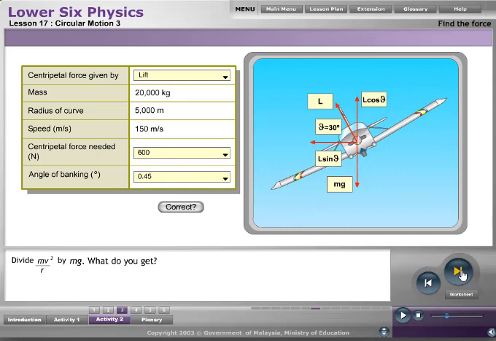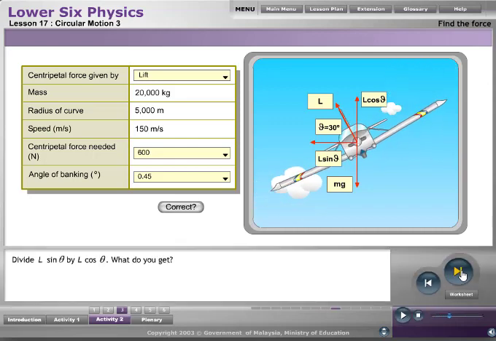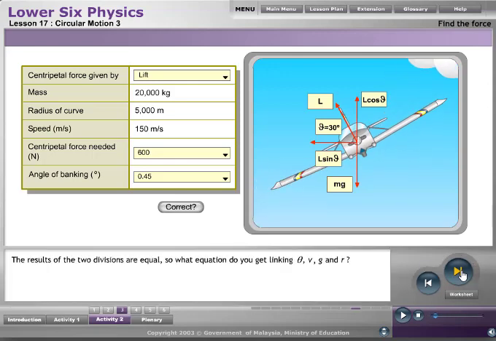Divide mv squared over r by mg. What do you get? Answer: v squared over gr. Divide L sine theta by L cos theta. What do you get? Answer: tan theta. The results of the two divisions are equal.